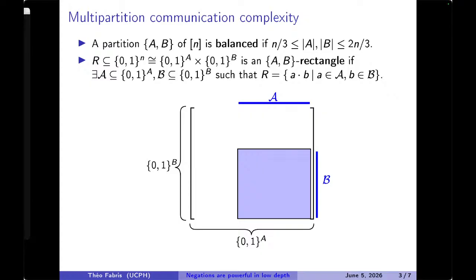And we say that a subset R of the hypercube is an AB rectangle if R can be expressed like this rectangle over here. You pick a subset of the columns, and then you pick a subset of the rows, and every point in R can be expressed as a concatenation of a string in A and a string in B. So this is a rectangle.